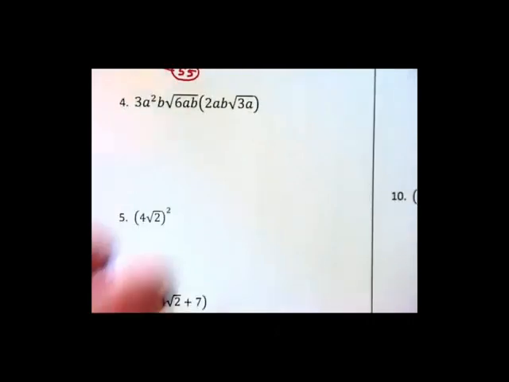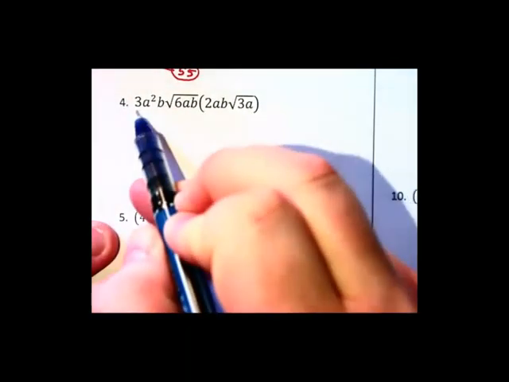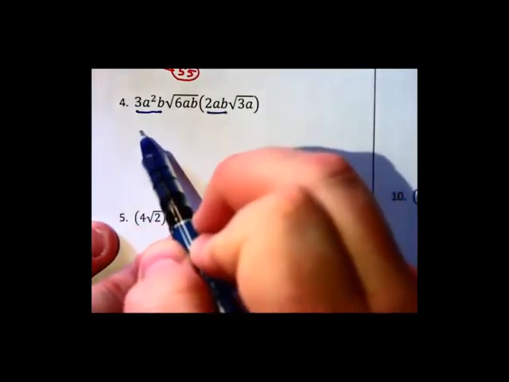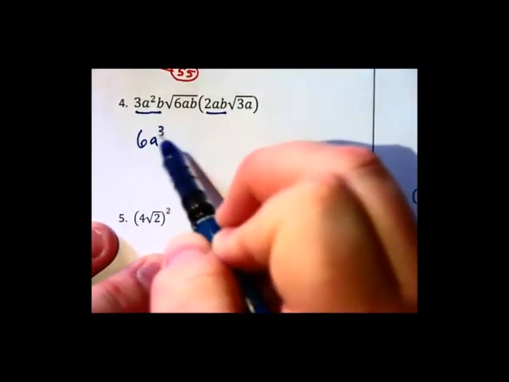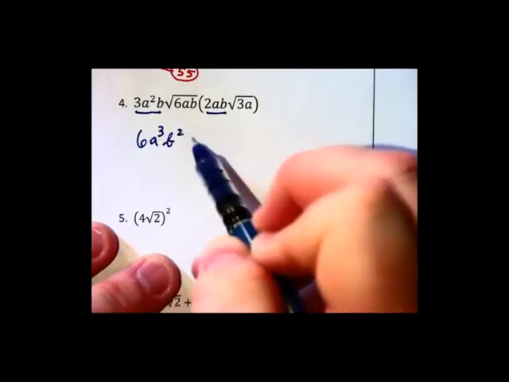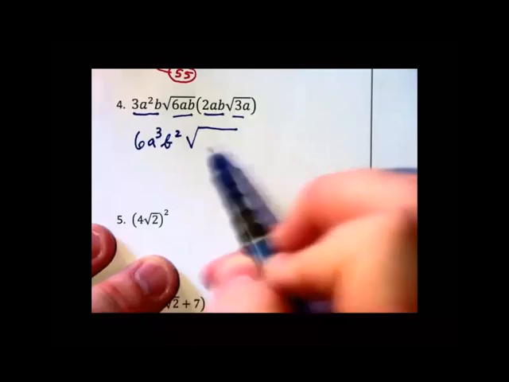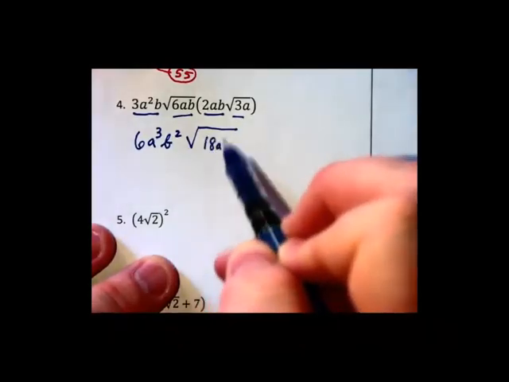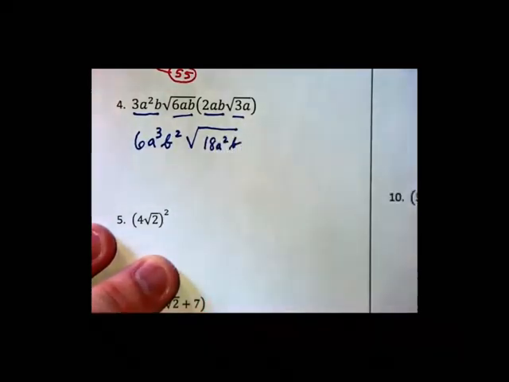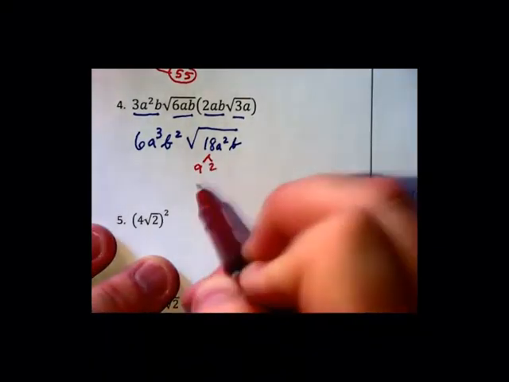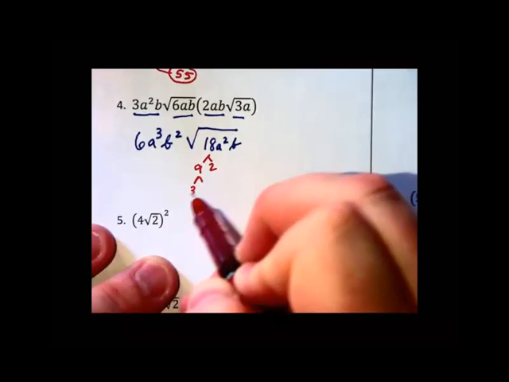Number 4, same thing. Outside, 3a squared b and 2ab. Multiplying, we get 6a to the third b to the second. Inside, the 6ab and the 3a give us 18a squared b. But that can be broken down. That 18 is a 9 times 2, and the 9 is a pair of 3s.